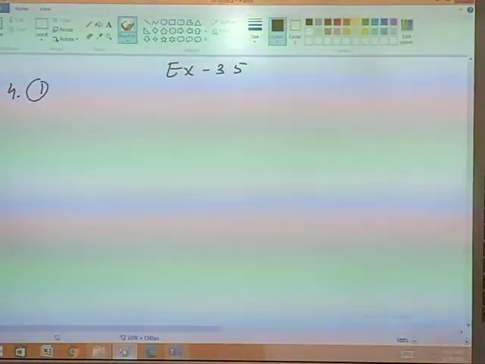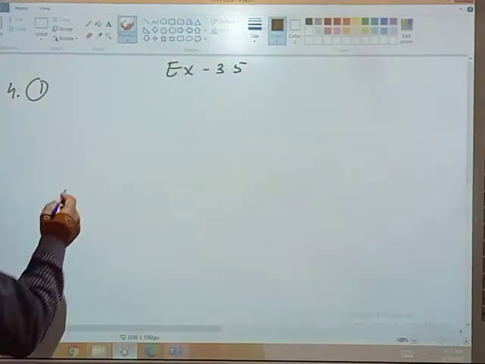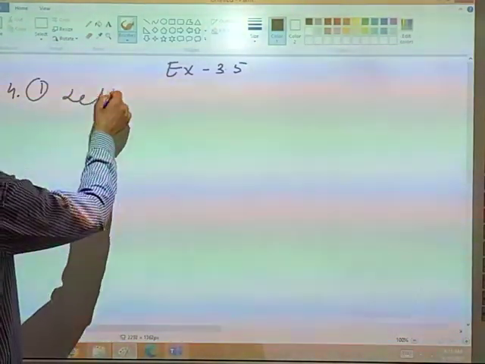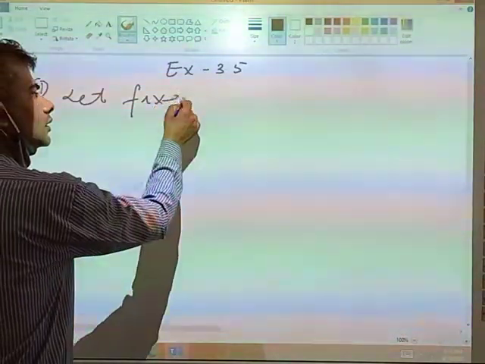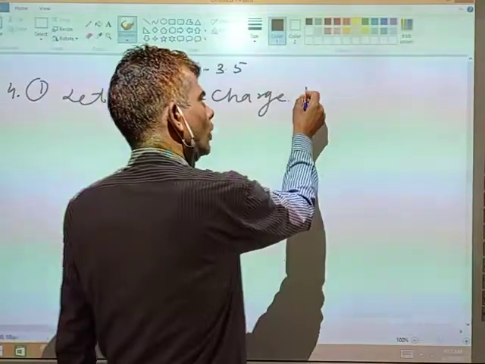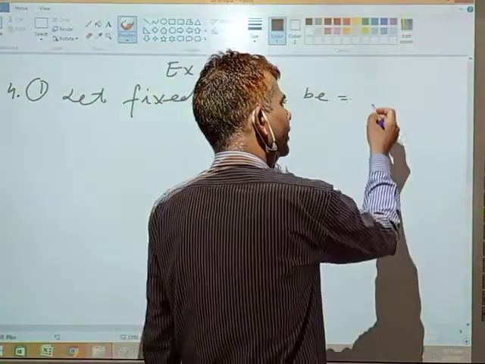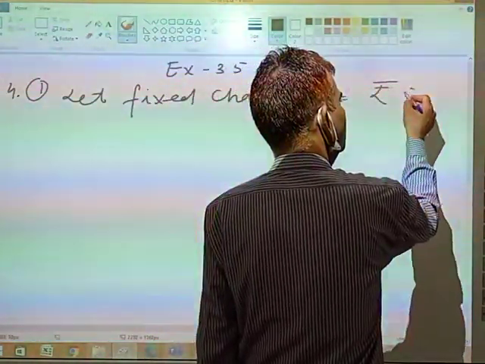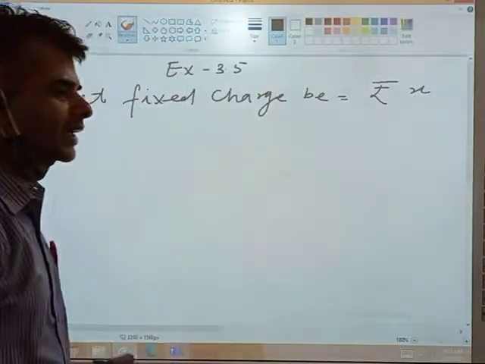Students, first of all we will consider x and y. What will we consider as x and what as y? In this question, let the fixed charge be rupees x.